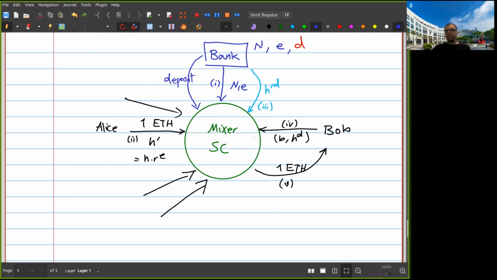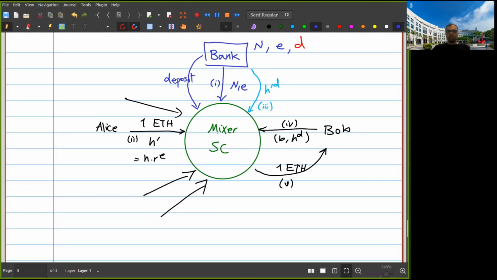Instead, the mixer just counts how many valid banknotes it receives until some deadline. And if the mixer receives too many valid banknotes, so for example, if the number of deposits was 10,000, but the mixer receives 10,001 different valid signatures, that means that the bank was cheating.